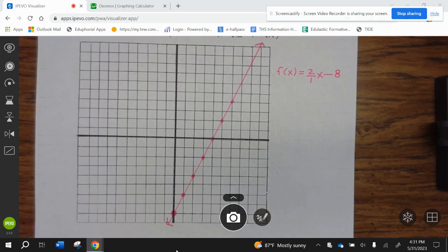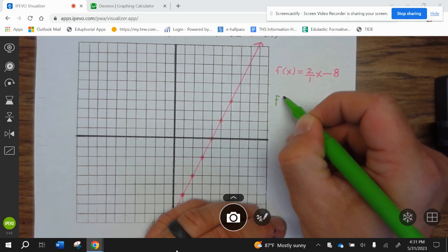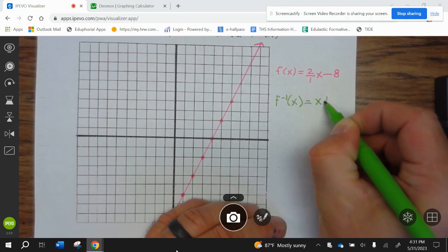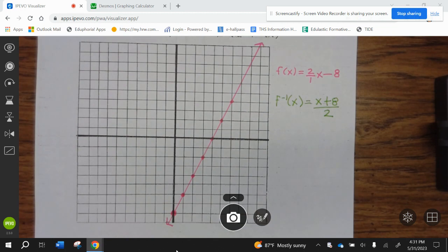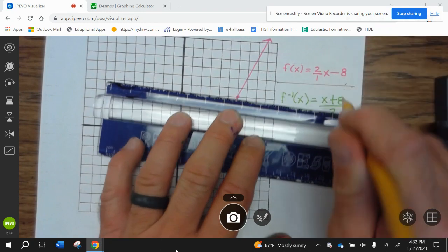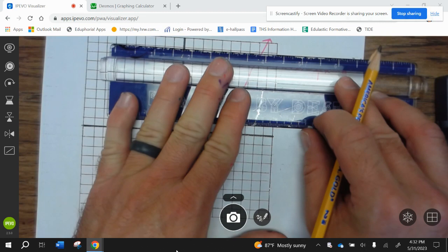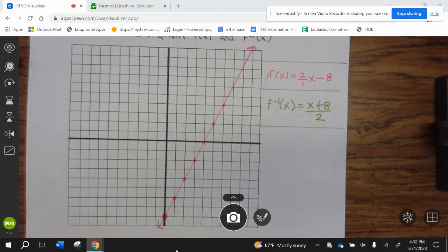Okay. Now let's graph the inverse. Now we can do this with the points, okay?